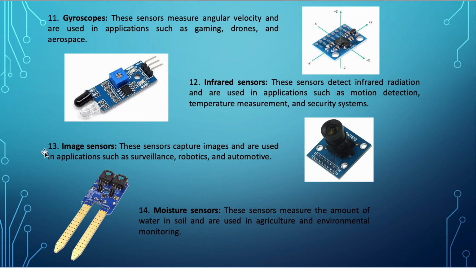Image sensors: the sensor captures images and is used in applications such as surveillance, robotics and automation. Yes, the very first example we used was cameras, right? Image sensors, we talked about it. We talked about it being used in surveillance, and in a smart fridge to see what is inside without opening the fridge.